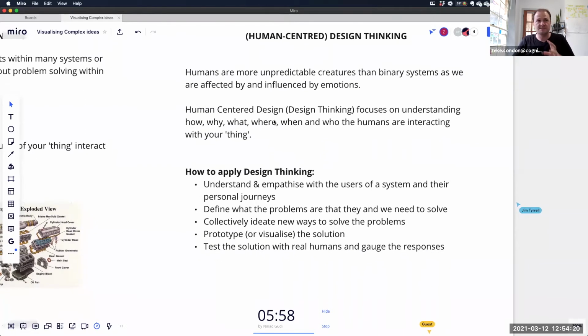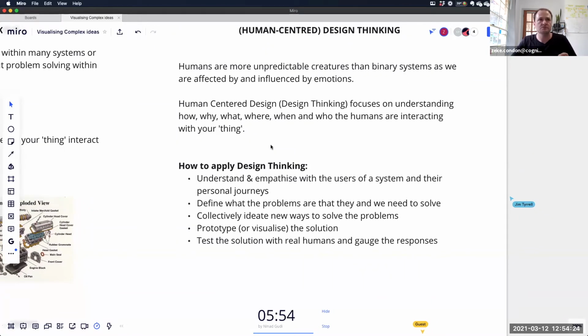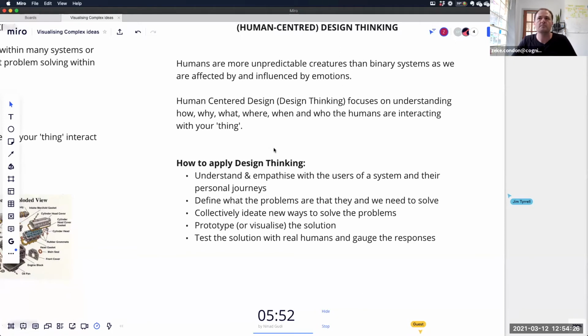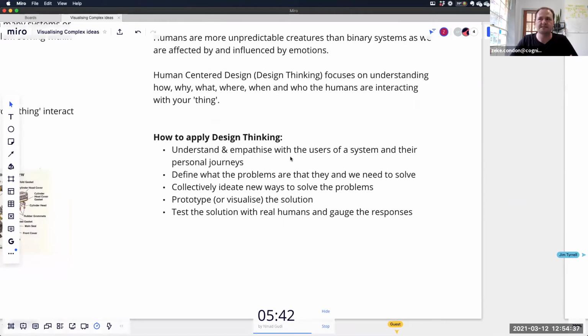So human-centered design takes a linear approach to how to address every problem, and becomes more of a natural way to articulate a problem before you go into visualization. The steps are understanding and empathizing with the users of the system, of what the problem is you're dealing with, and the people that you're trying to articulate the information to.